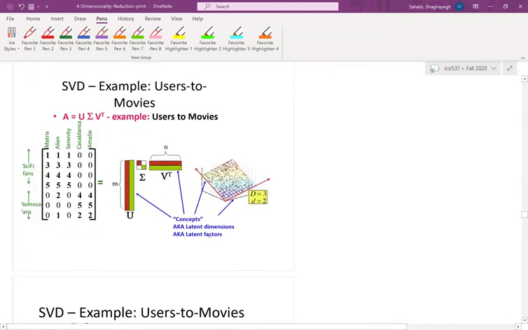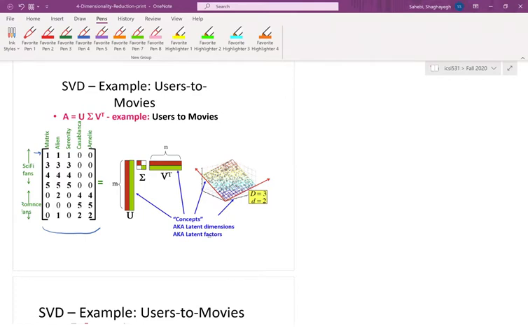So let's see an example of interpretation of SVD. Suppose that our data matrix is this data matrix, and it shows how much users like movies. Each row shows the ratings of one user on all the movies that we have.